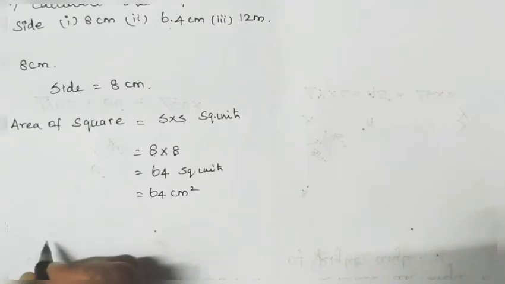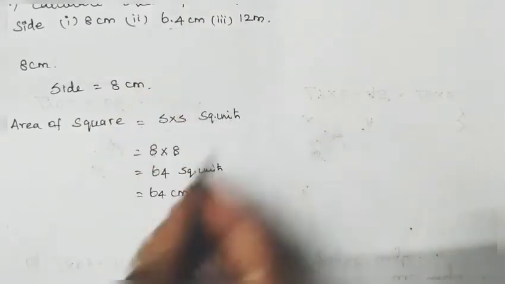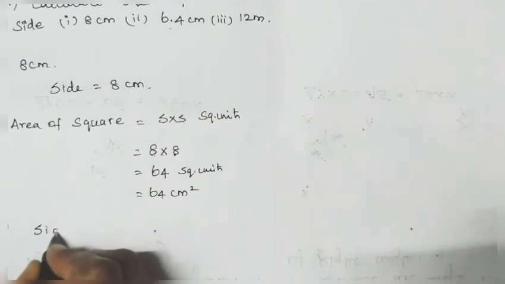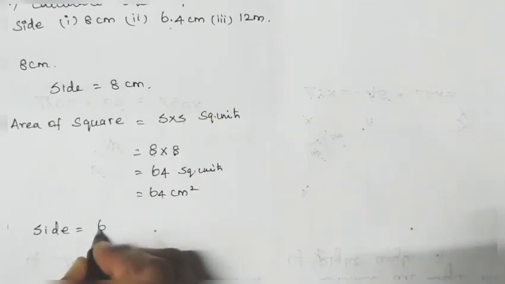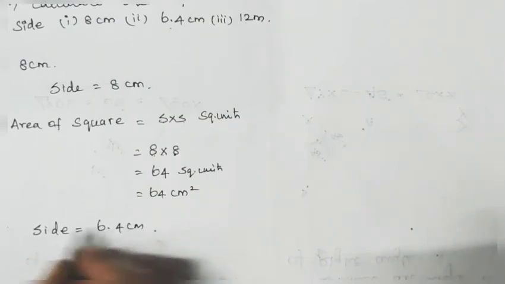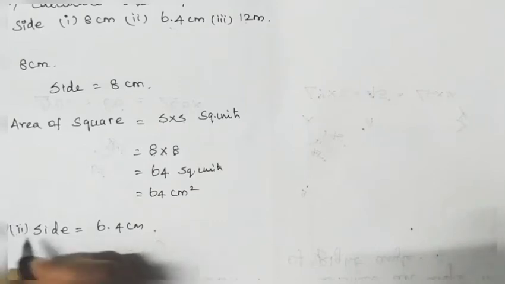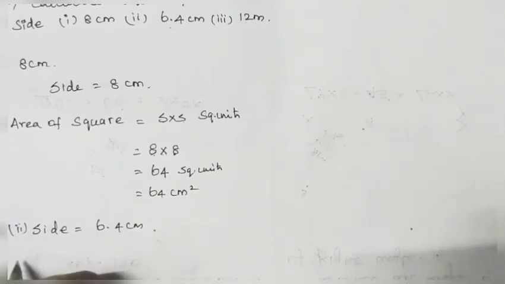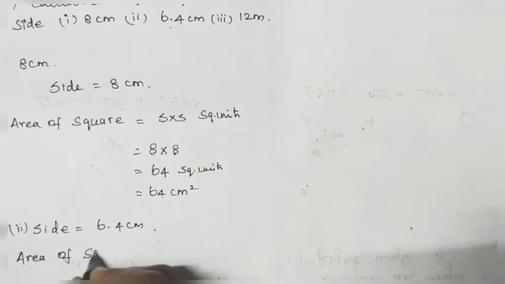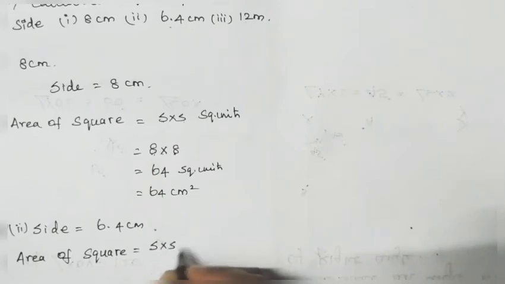Now second subdivision. Side is equal to 6.4 centimeter. So area of a square. What is the formula for the area of a square once again? Yes, side into side square units.